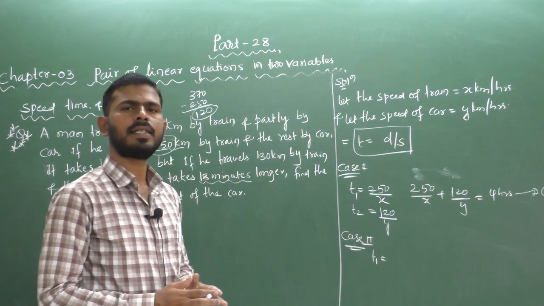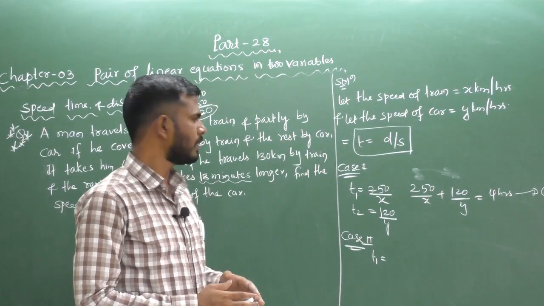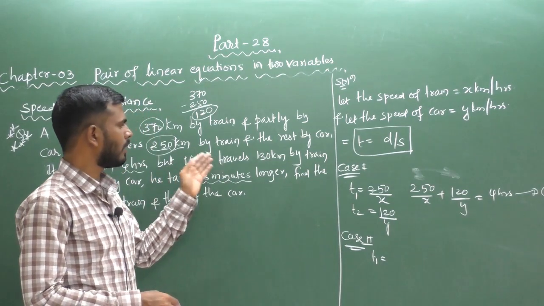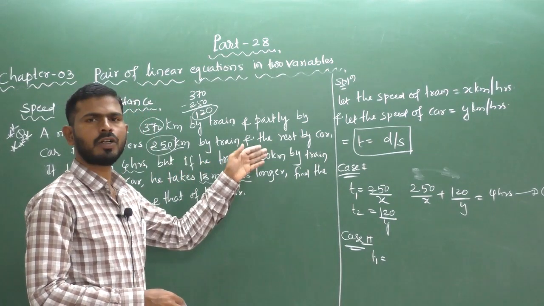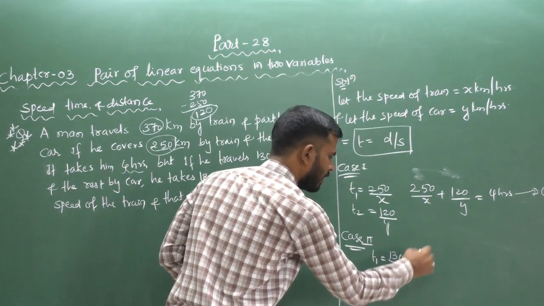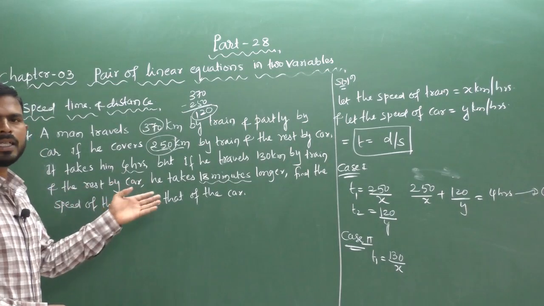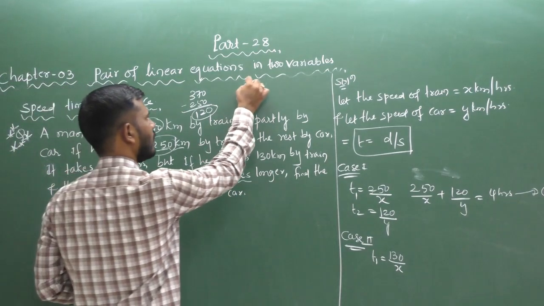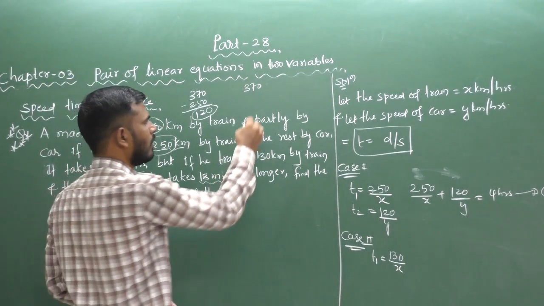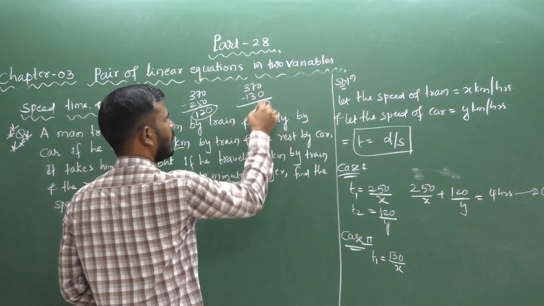In the second condition, T1 means the time required by the train. So if we travel 130 km by train, the distance is 130 and the speed of the train is x. Next, the rest by the car. Remaining how many kilometers out of 370? You want to cover 370 km, you have covered 130 km, just subtract.